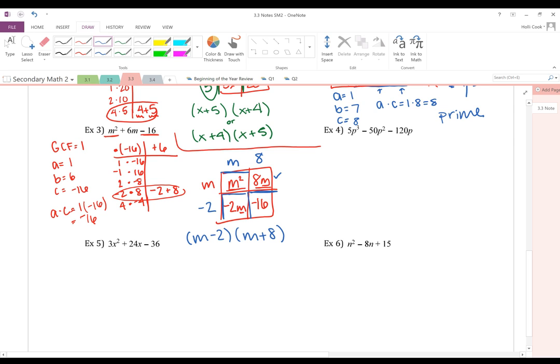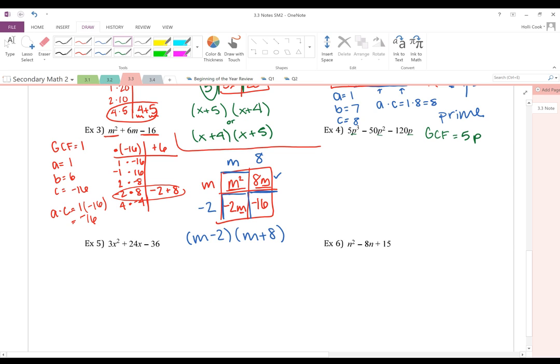All right, let's look at example number 4. So example number 4, our GCF, we always want to check for GCF first. Now we can see that 5 will go into all of them, but they also all have a p-value. So that means we can pull out a p as well.